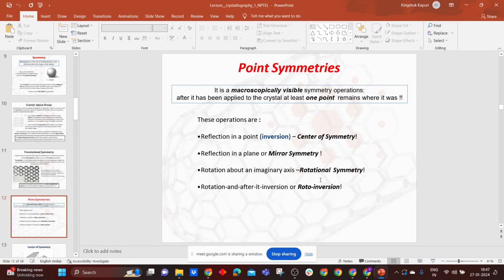Just imagine it in three dimensions, in this three-dimensional space. It has a central point, and I am considering the radius of the sphere to be 10 centimeters.